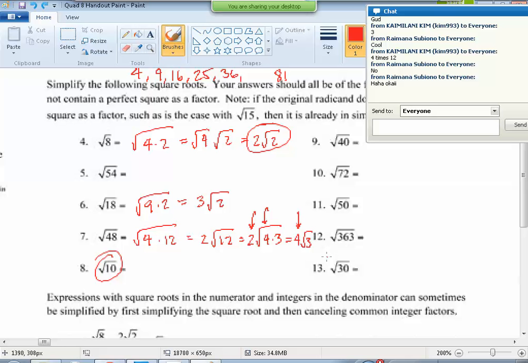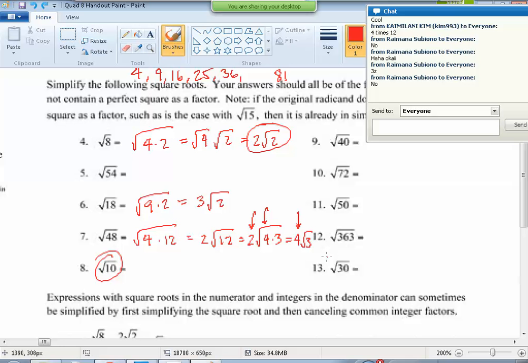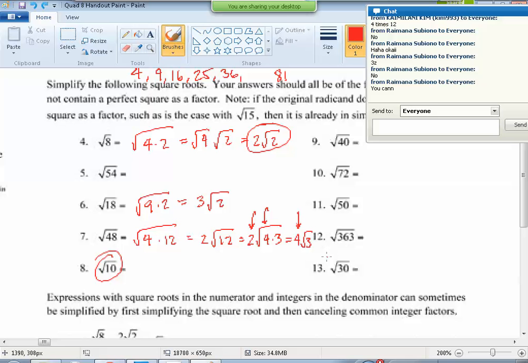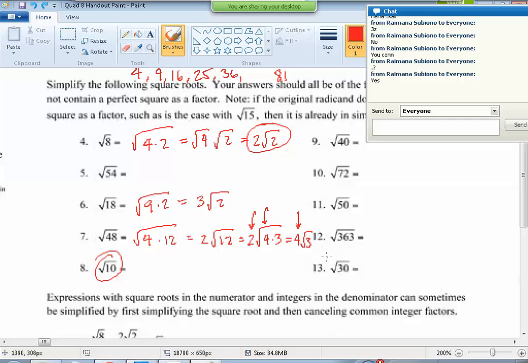Come on, Mitchell, since you requested, why don't you put it in your calculator? Raimana, give us the answer. Wait. 363 divided by 9 is 40.3? Okay. Well, I guess it doesn't work then, huh? Let's see.